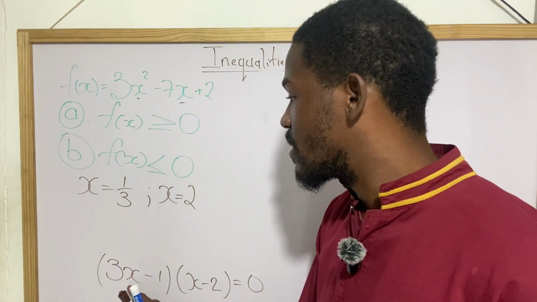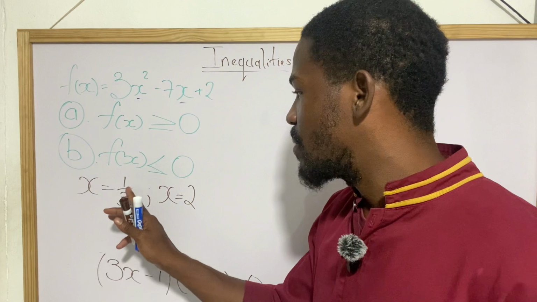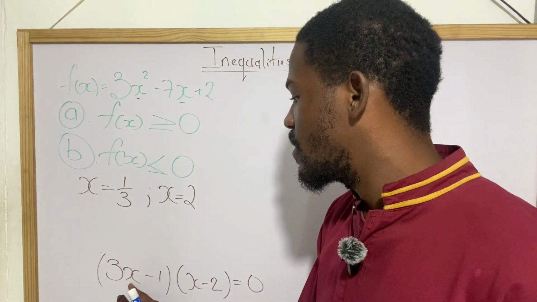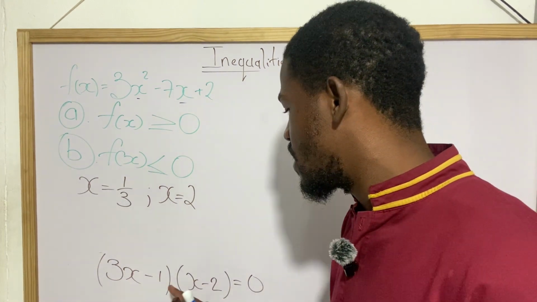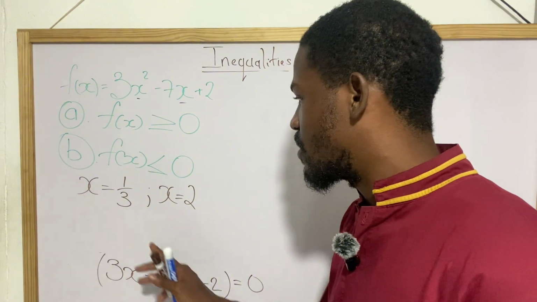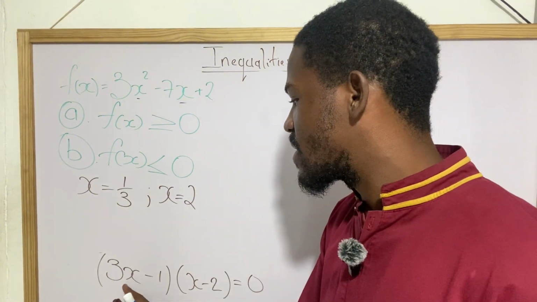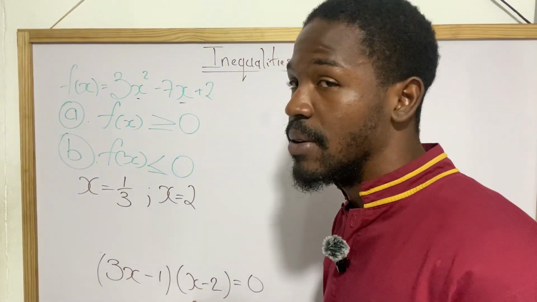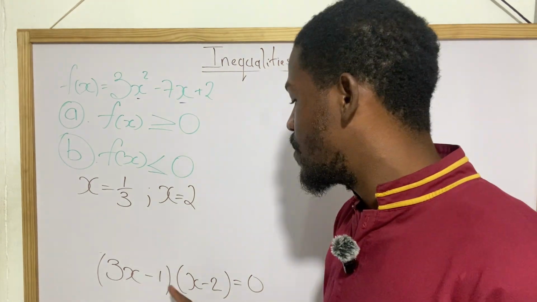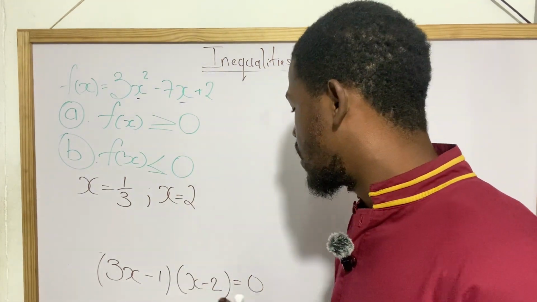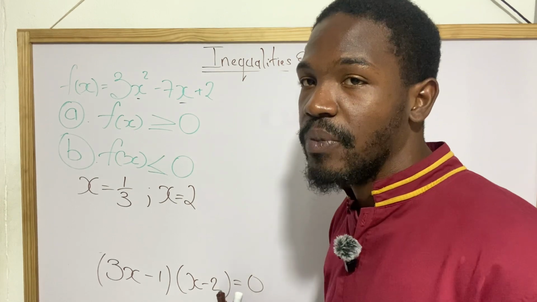So x right here, if I were to plug 1/3 in here, and if I plug it in here, I'm also going to put it here. So if I say this is a third, this also will be the same one, a third. So when I put them together, I'm actually going to get 0, right?